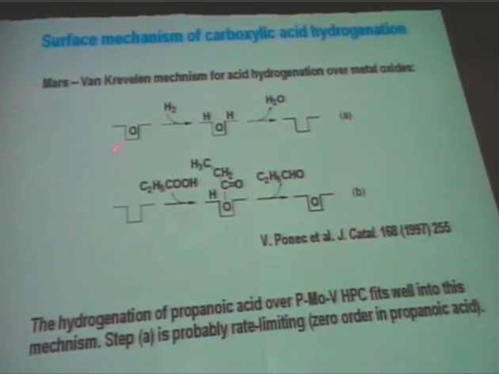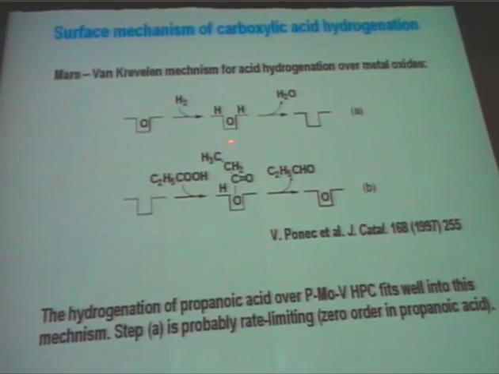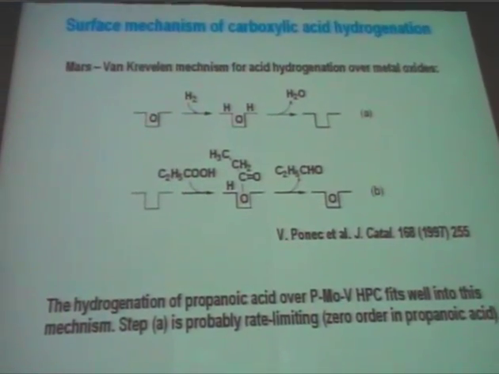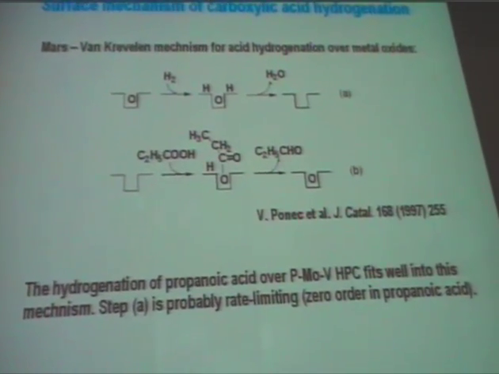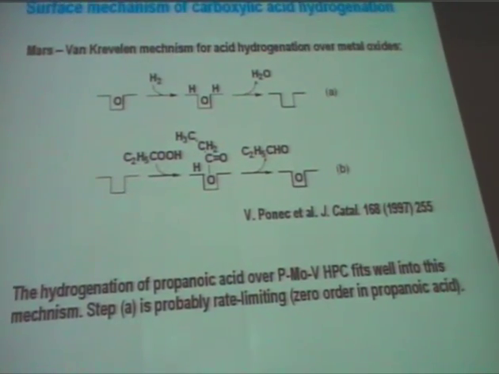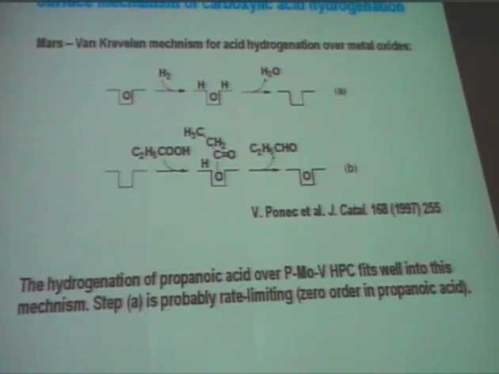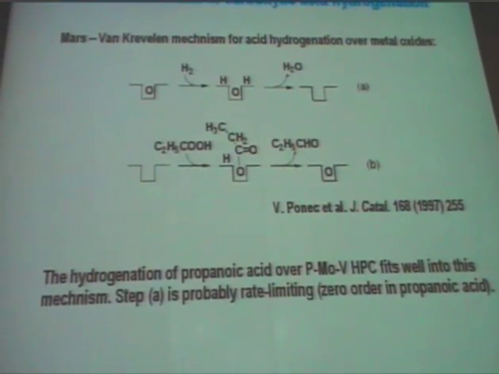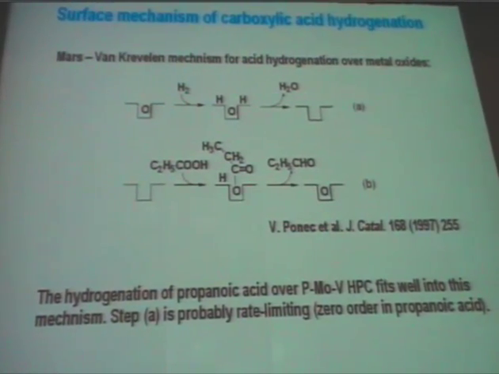Here, this mechanism adopted for the hydrogenation of propanoic acid is shown. And the mechanism involves two steps in which the lattice oxygen plays a key role.